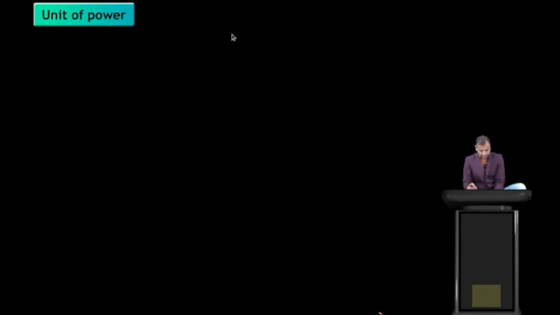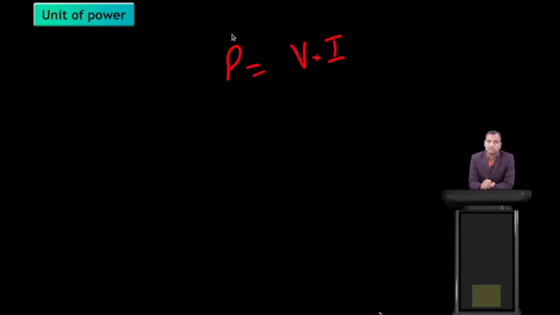Now what is the unit of power? Recall the formula. P is equal to what? Very good, V into I. And what is the unit of V? Very simple, it is volt.